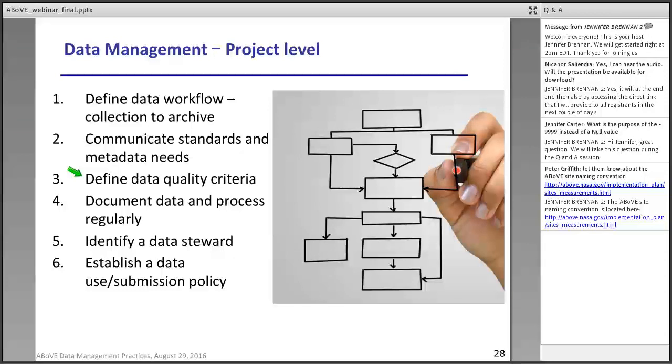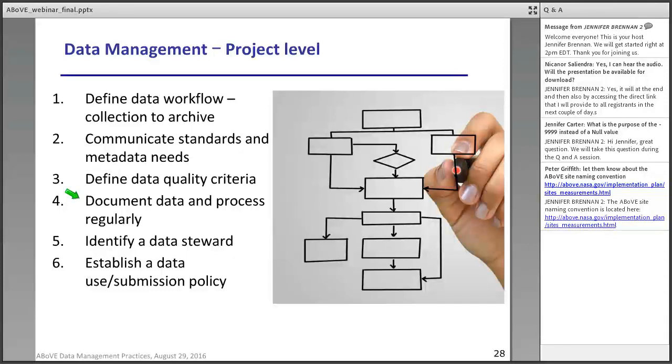So the measurements may be from an acceptable range, and the quality information has to be represented and documented as well. So this is actually quite critical when you have many different teams making measurements in different locations, and having an established data quality criteria documented and communicated amongst the team would really ensure that the data can be integrated and used together.